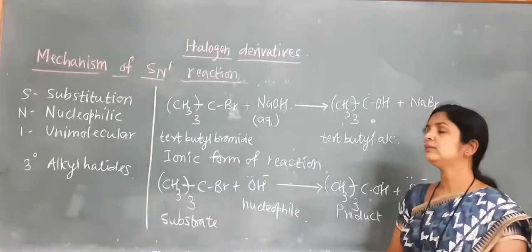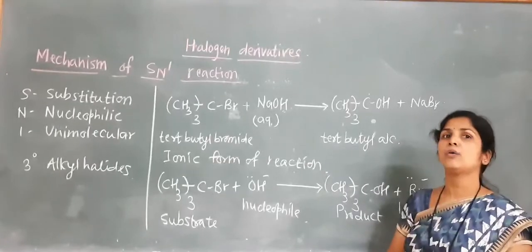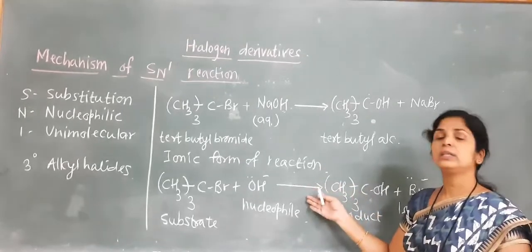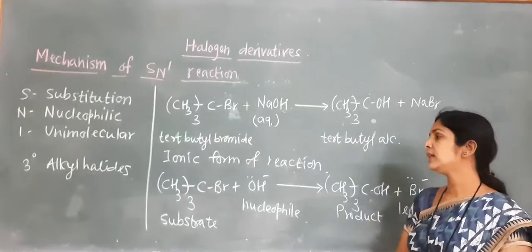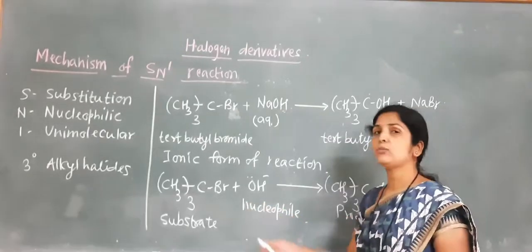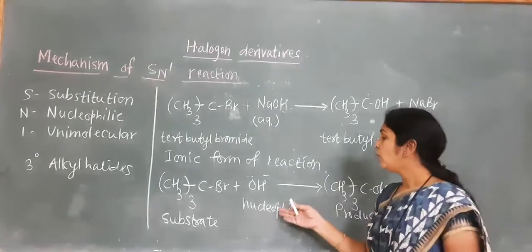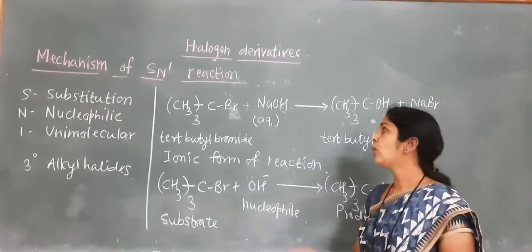The next thing we carry out is to take the example of the reaction, and we can write the reaction in another way, in the ionic form, where tert butyl bromide is indicated as the substrate molecule. Then what actually takes part in the reaction is the nucleophile from the reagent.